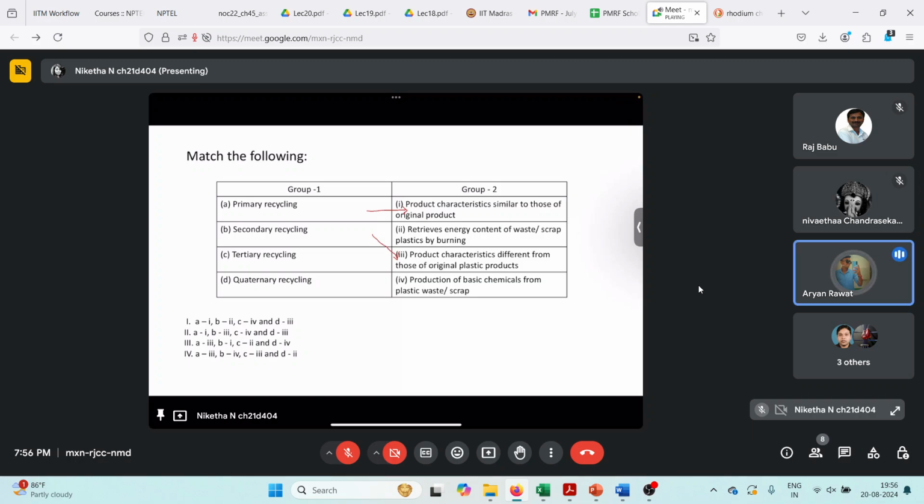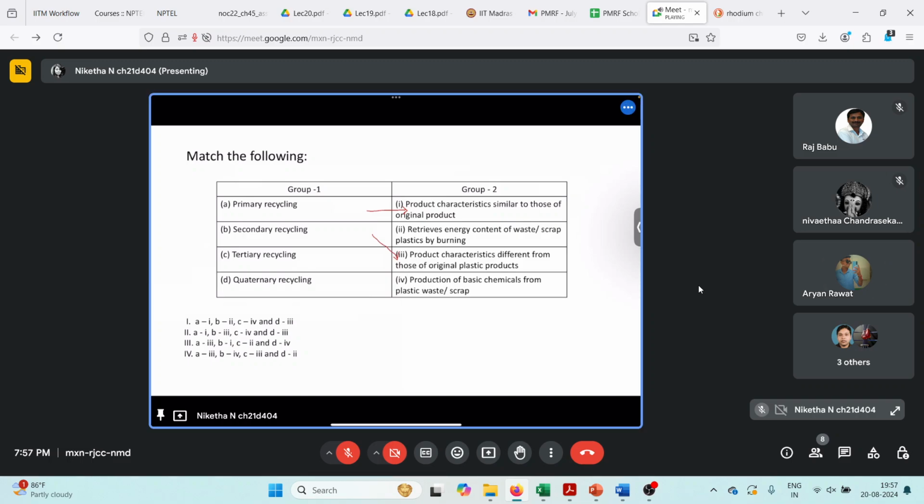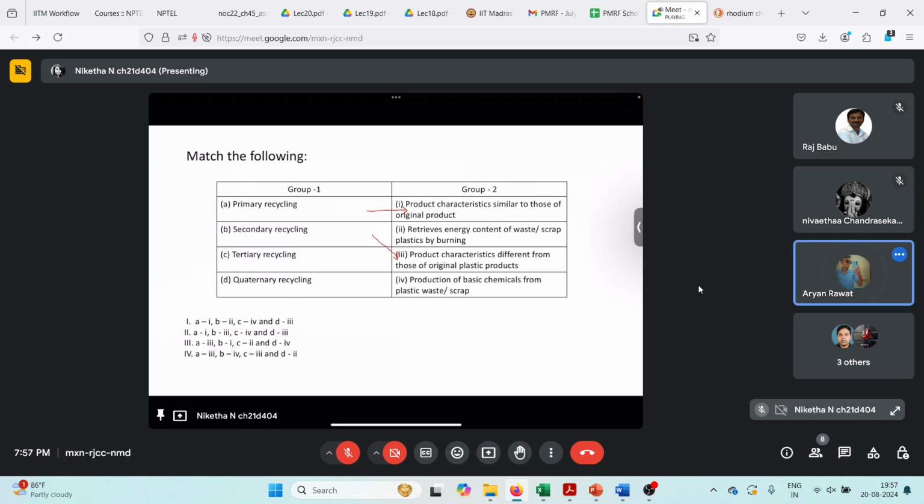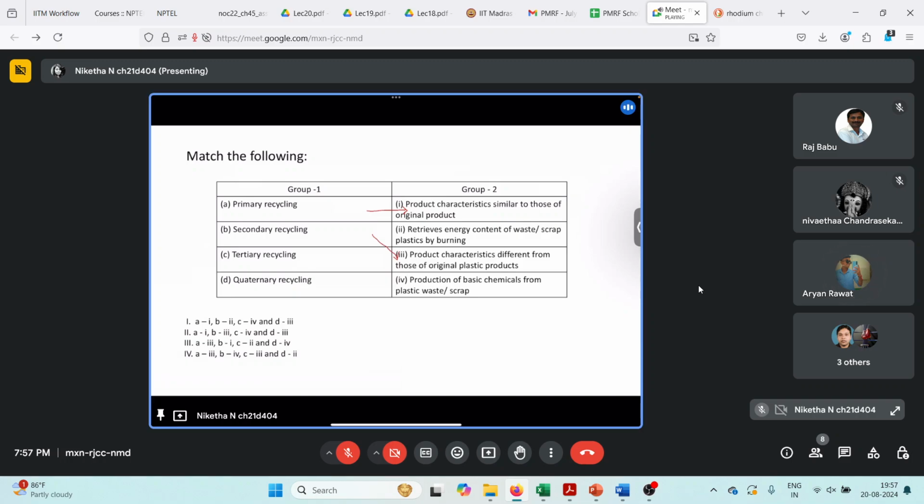So the correct answer is B. Option B, option 2. Yes, ma'am. Option 2 is the right answer, so that's why I'm explaining all this. Since nobody answered, I proceeded to the answer.